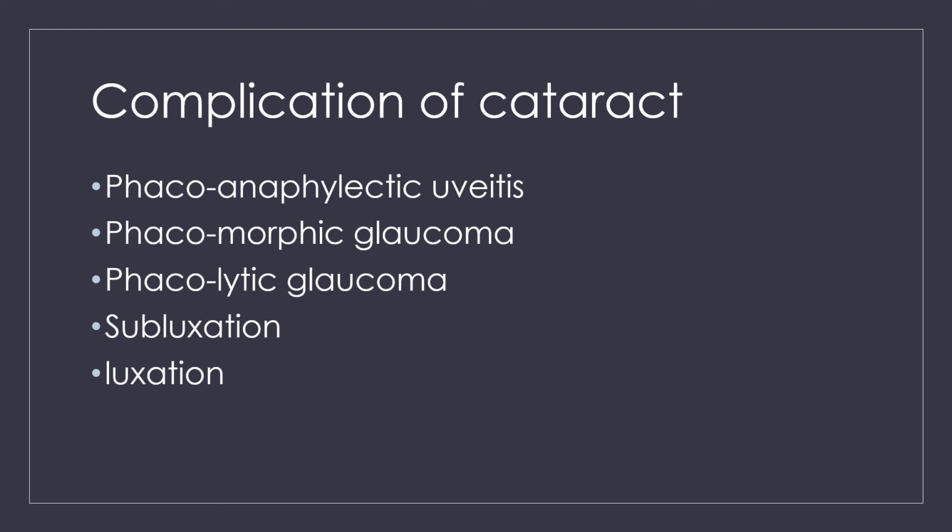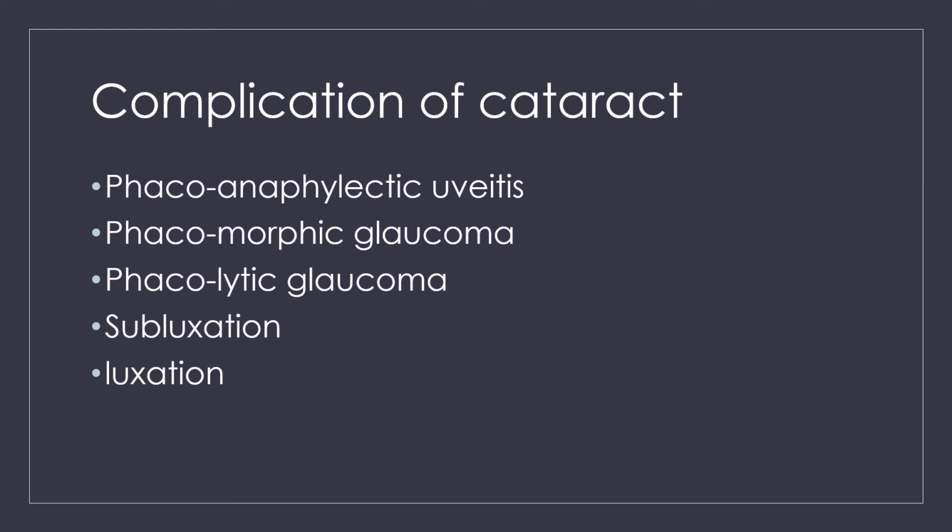Phacolytic glaucoma occurs when the lens proteins leak in hypermature cataracts. These proteins are engulfed by the macrophages, and these macrophages then block the trabecular meshwork, and this causes a rise in intraocular pressure. This is phacolytic glaucoma.